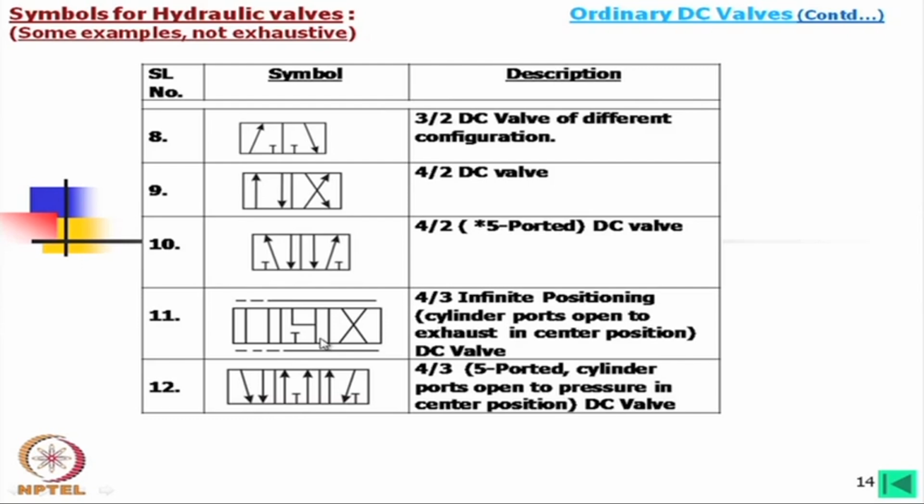That means, the reservoir and 2 sides of the actuator are interconnected, and this is for cross connection and this is for straight connections. Okay. So, that is a simple valve.